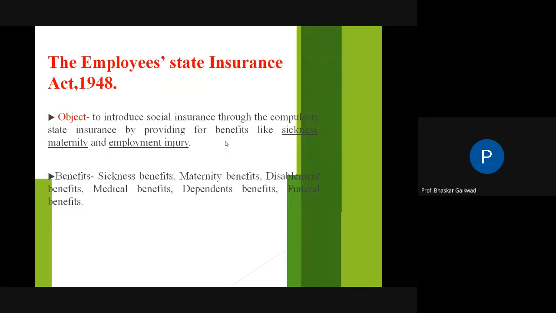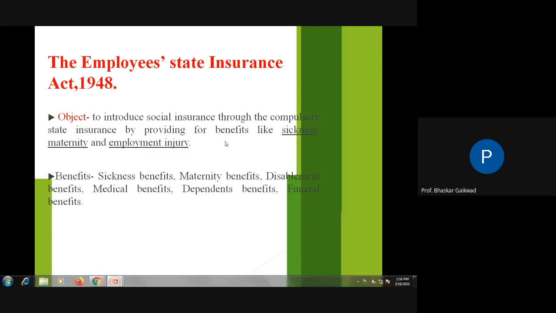So the main object of the Employee State Insurance Act is to reduce social insecurity through compulsory state insurance by providing benefits like sickness, maternity, or employment injury. It means that if anything happens in the worker's life, or the man is not there, it should not have a financial effect on his family.